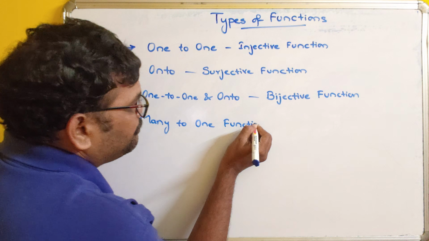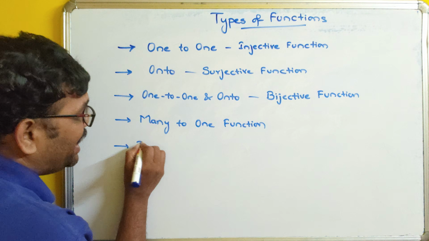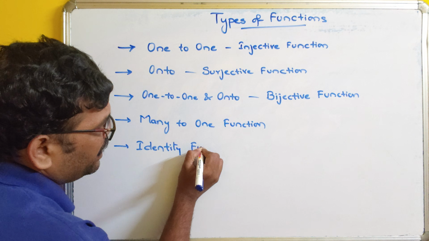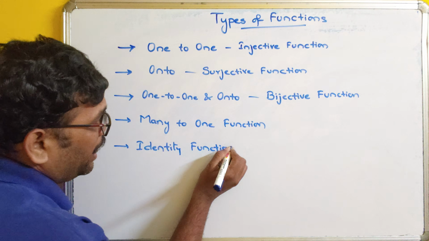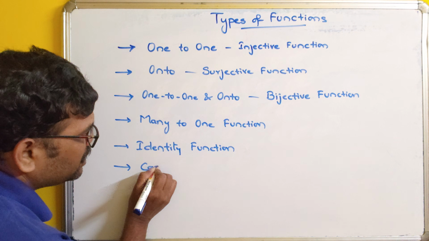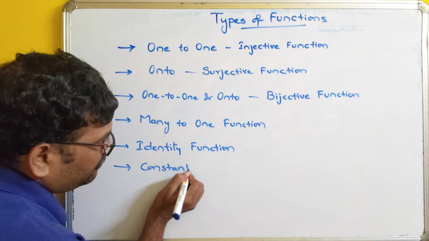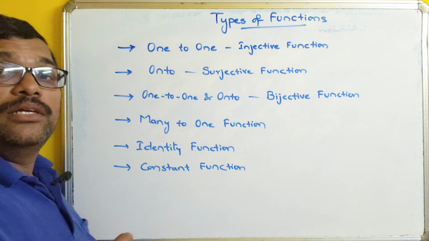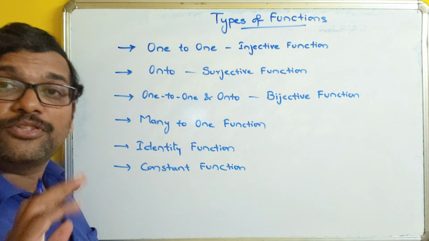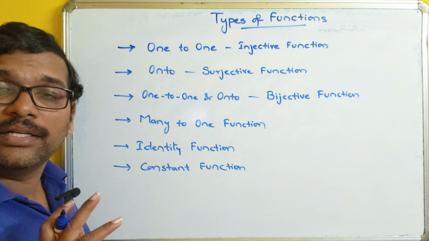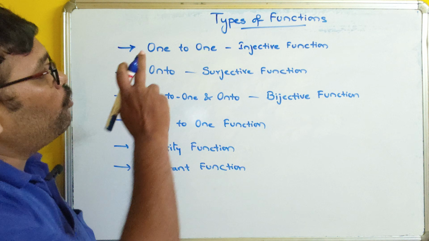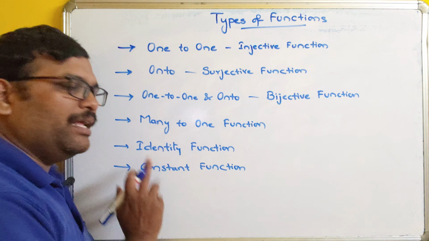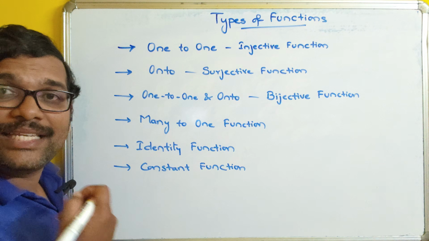Identity function. And finally, constant function. So these are different types of function we can apply on sets, right? So one-to-one, onto, one-to-one and onto, many-to-one, identity and a constant. So let's see one by one.